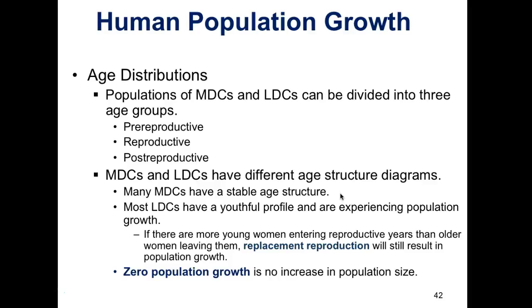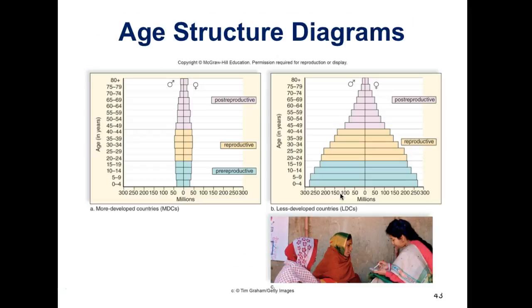Let's look at this in an age structure diagram. Here it is. So pre-reproductive in light green, reproductive in yellow, post-reproductive in pink. You have male on one side and female on the other side. So the male is projected to the left, female is projected to the right. In figure A, this is typical of what you would see in a more developed country.